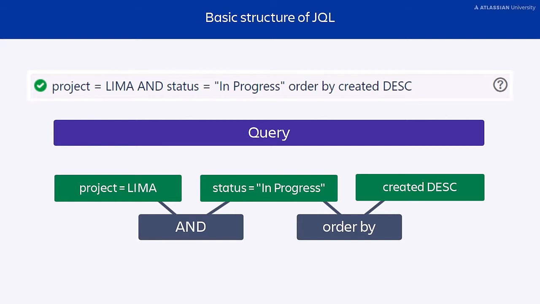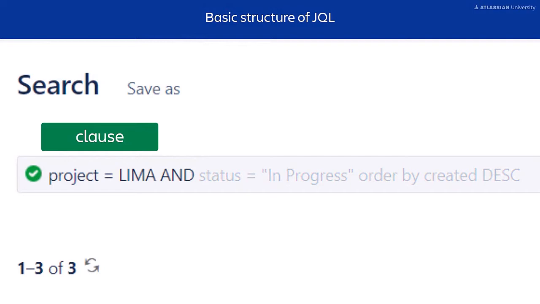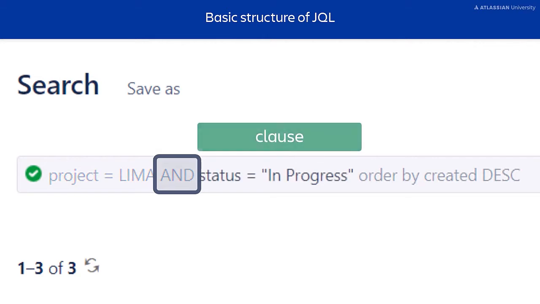Let's go back to our query from earlier and apply this new knowledge. Here's the first clause. Just like our example, in this clause, the field is project. The operator is the equals sign, and the value is Lima. The keyword and allows us to connect this clause with another. Let's break this one down too.